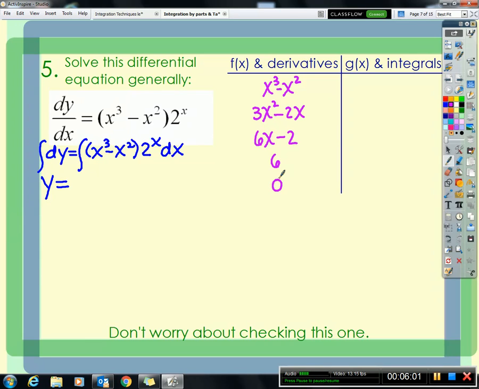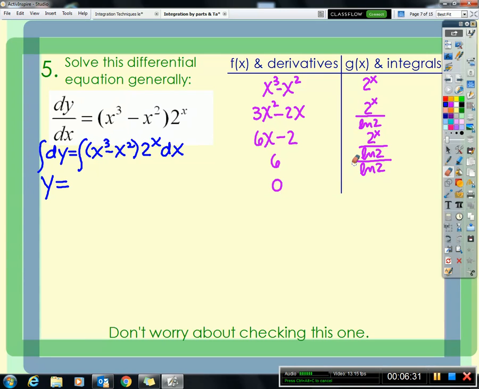That means 2 to the x has to be the one that I find repeated antiderivatives for, or I repeatedly integrate. So I know the antiderivative is 2 to the x over ln 2. So the antiderivative of that is, again, 2 to the x over ln 2 over ln 2. Okay, I don't like the way that's written, so let me write it this way.